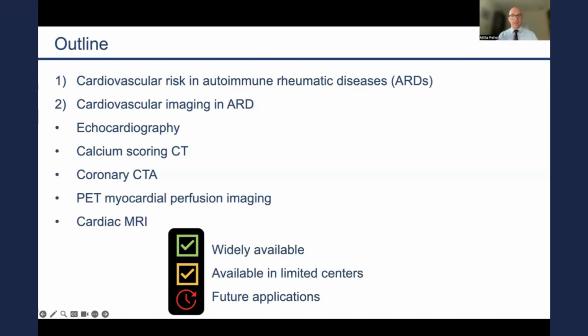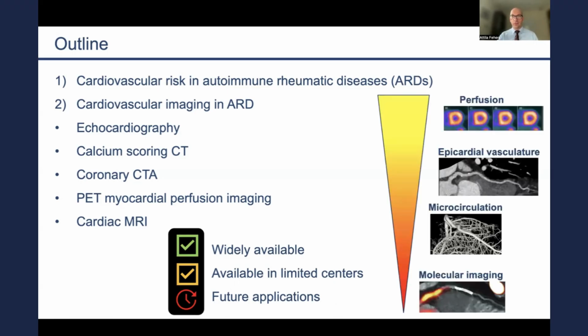I invented this little graphic to help you navigate whether whatever I'm talking about is available in routine clinical practice. The green check mark marks things that are widely available. The yellow check mark is when it's available in limited centers, and this red time icon is really for future applications that are not currently used.